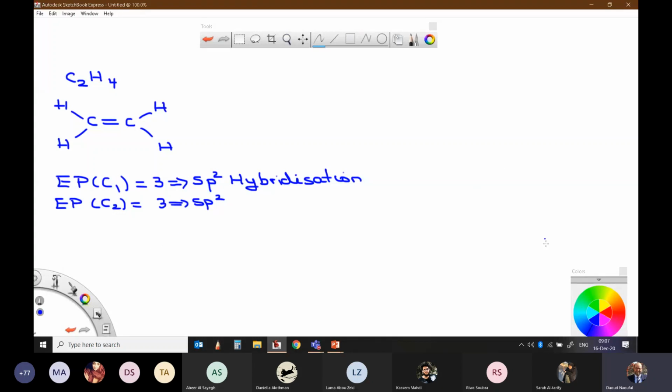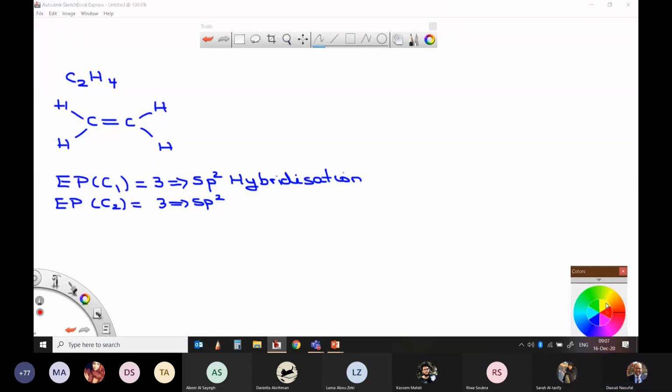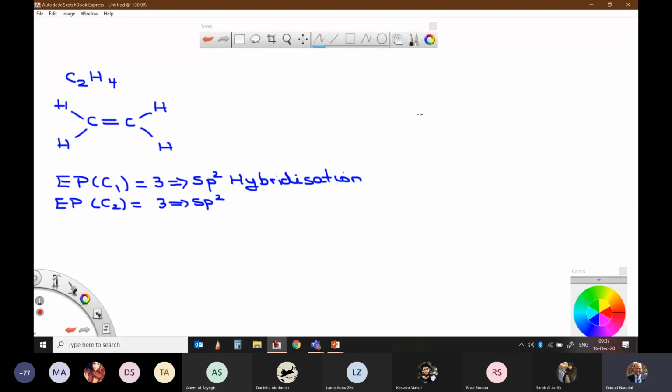So around the first carbon, pay attention, we have 3 sp2 in a trigonal planar figure of repulsion. And the fourth orbital remains a pure p orbital.